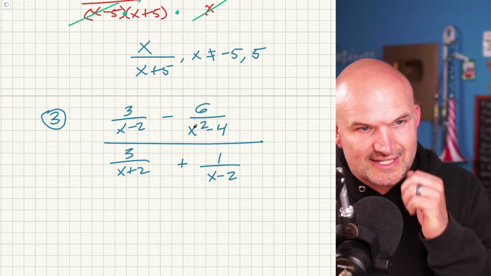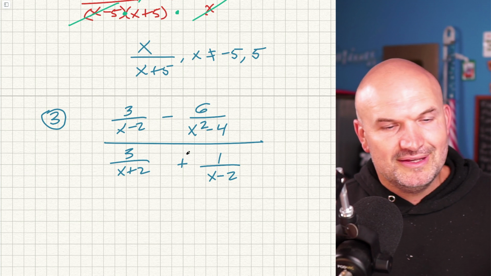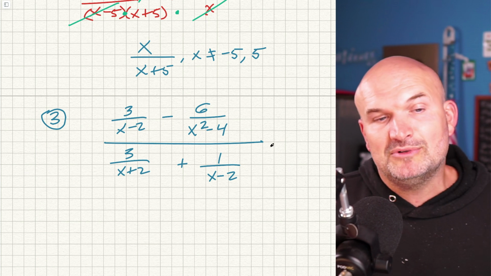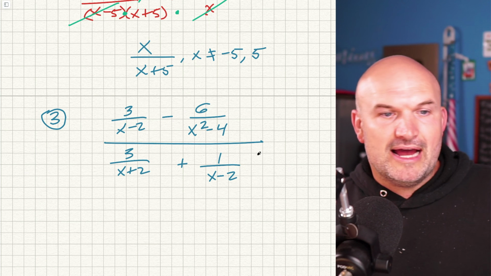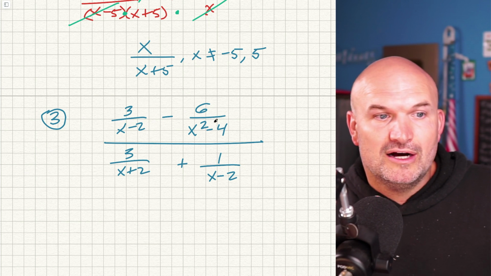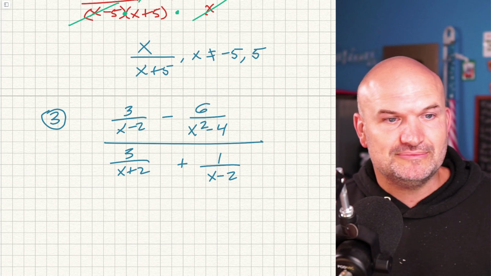So again, we recognize here this quadratic. And again, the whole idea, guys, to get rid of all these denominators, I want to be able to divide them into something. Now, more often than not, when you have a quadratic, that is going to be a product of your other denominators. Not always the case, but more often than not.